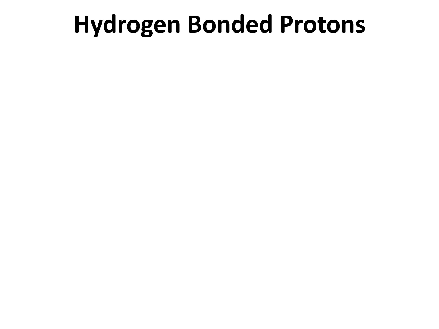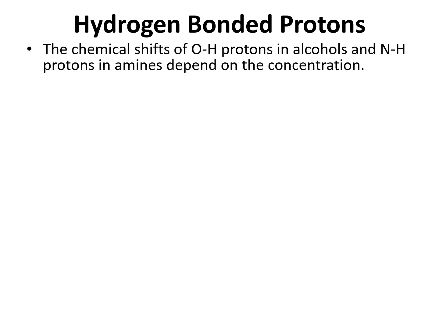What is the effect of hydrogen bonding on the protons? So when we have hydrogen bonded protons, let's see example of alcohols or amines. So chemical shifts of OH protons in alcohols and NH protons in amines depend on the concentration. As I told you that for alcohols and amines, the value is variable between 2 to 4.